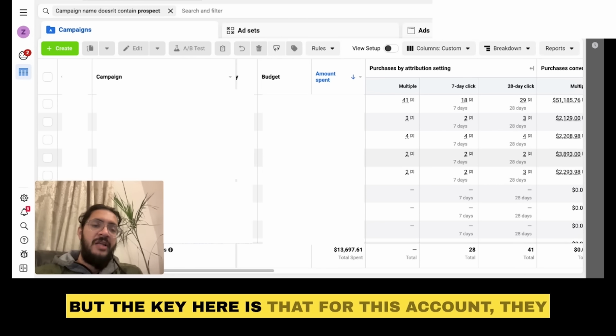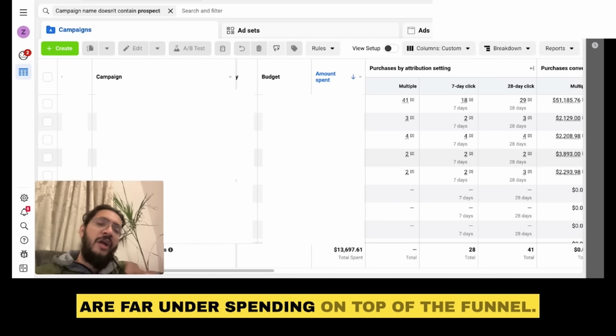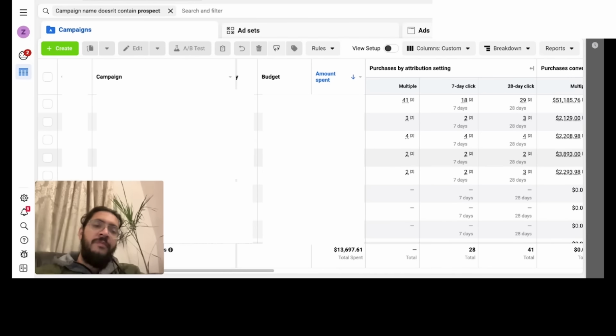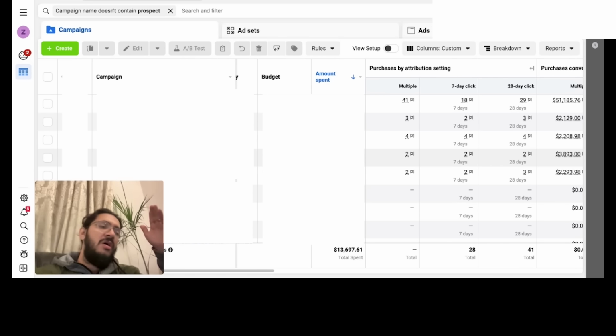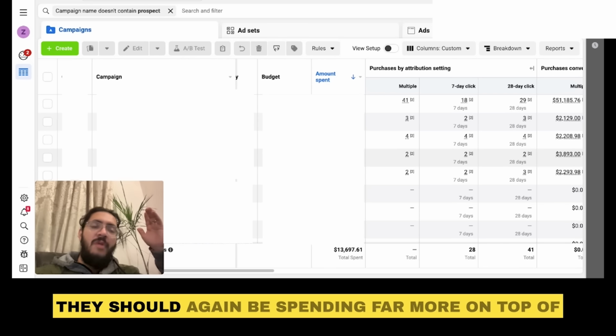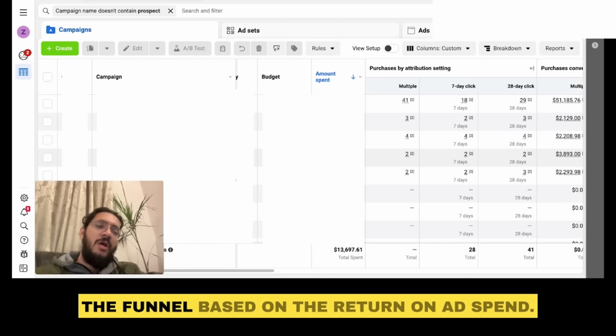But the key here is that for this account, they are far underspending on top of the funnel. Based on the attribution settings that we have checked today, they should again be spending far more in top of the funnel.